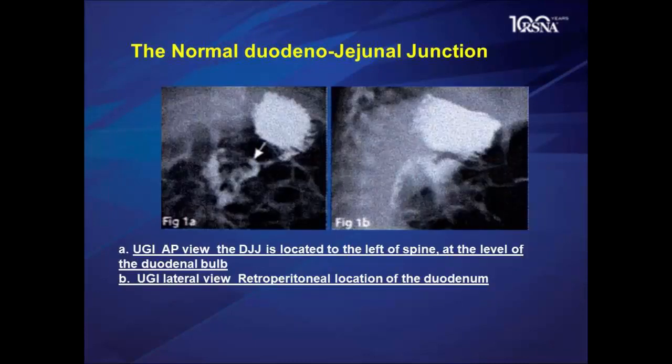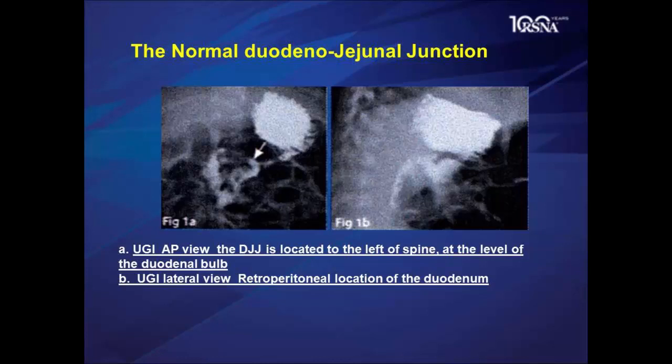But one has to know what's the normal duodeno-jejunal junction. That's what we're looking for. A straight frontal view, patient is straight as seen on the vertical pedicles of the spine, and contrast is followed, and the duodenal sweep comes to here, and this is the duodeno-jejunal junction, which should be projecting at the same level as the duodenal bulb.